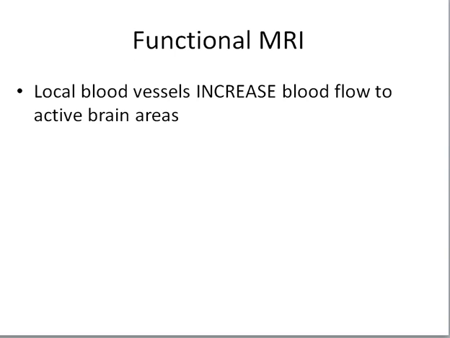Now, a really important bit of biology here to understand functional MRI is that local blood vessels will increase blood flow to those areas of the brain that are showing greater levels of activity. So in other words, when a certain part of the brain becomes more active, the local blood flow increases to that area.